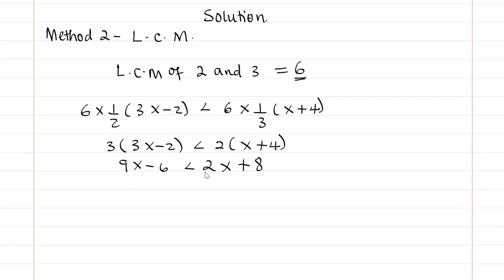So I will carry this to that side. Remember, we treat inequality like an equal sign, but we never change it to an equal sign. So here I will have 9x minus 2x is less than 8. If I carry this negative 6 to the other side of the inequality, it becomes plus 6. 9 minus 2 is 7, so we shall have 7x less than 8 plus 6, which is 14.